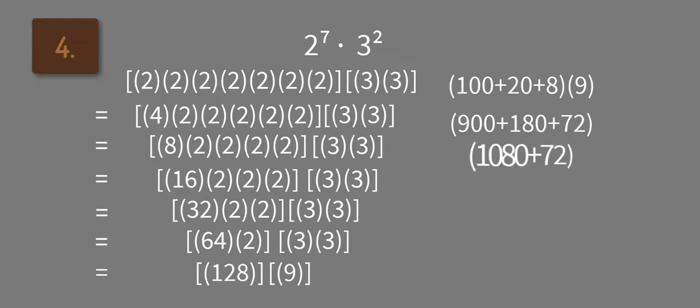So that's 1080 plus 72. And that ends up being 1152. And again, you don't necessarily have to write out all of these steps. I was just trying to show you the process of what it means when we have the exponents and we're multiplying.